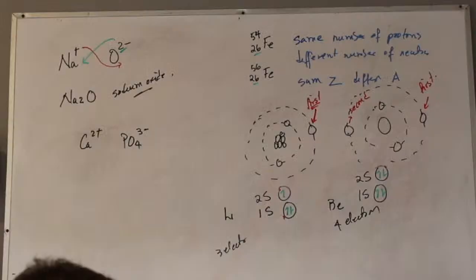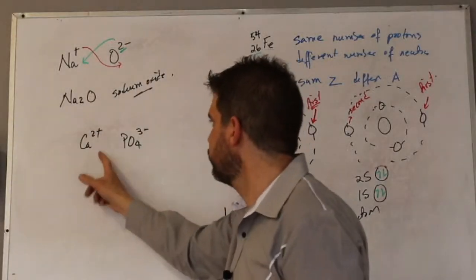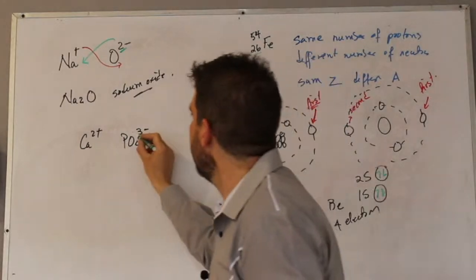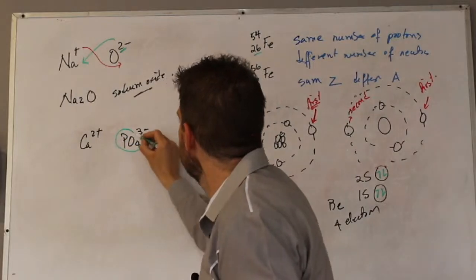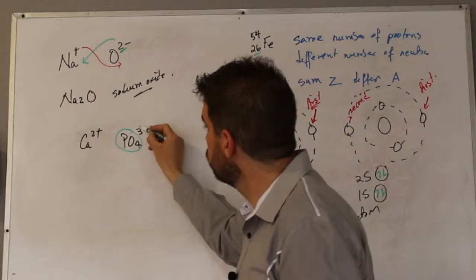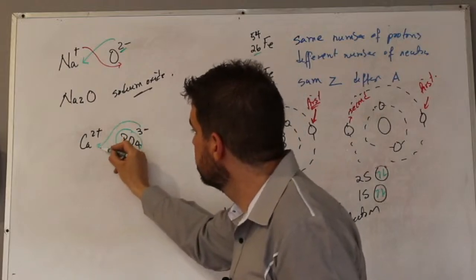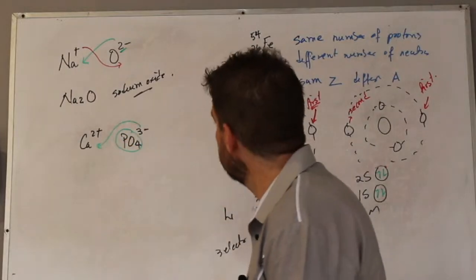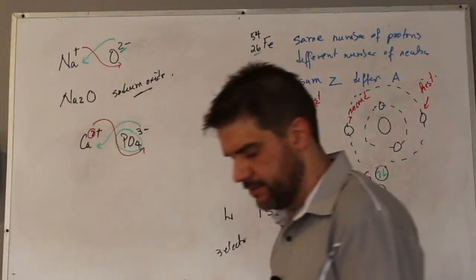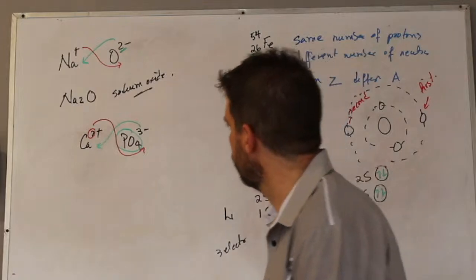So I wrote right here the 2 ions, calcium 2 plus, phosphate. Now remember, the 3 is for everything. All right, so this 3 is going to move to that side. That 2 is going to move to the outside here. So we're going to have the following.